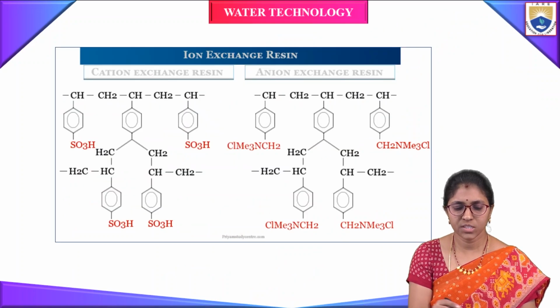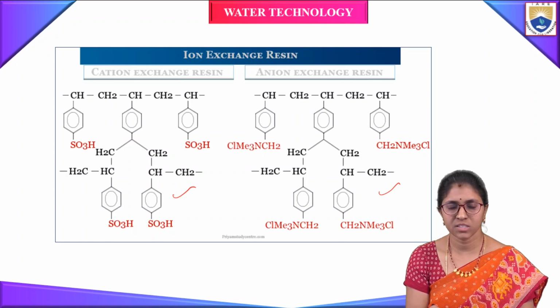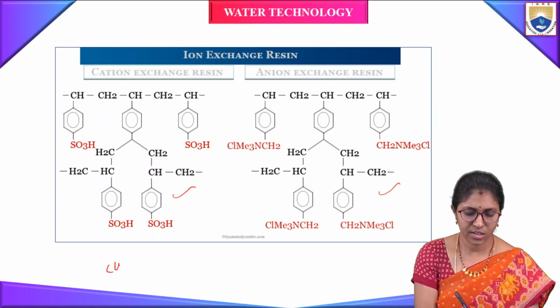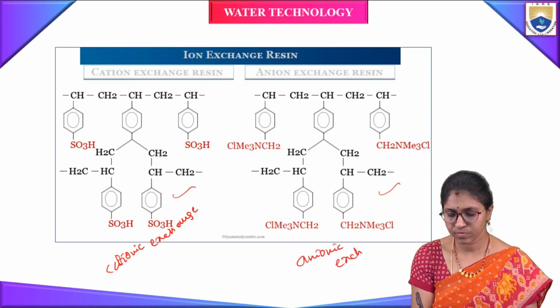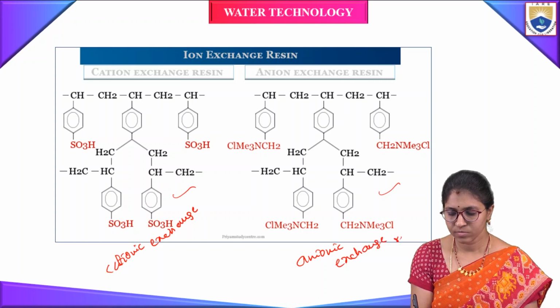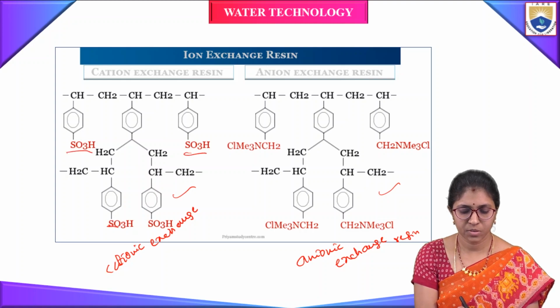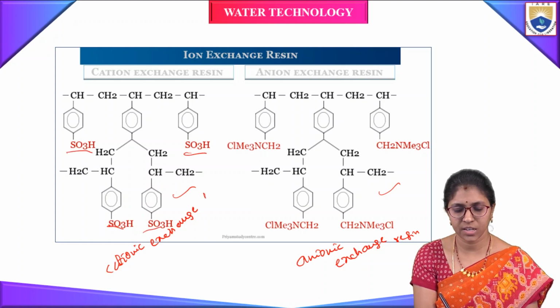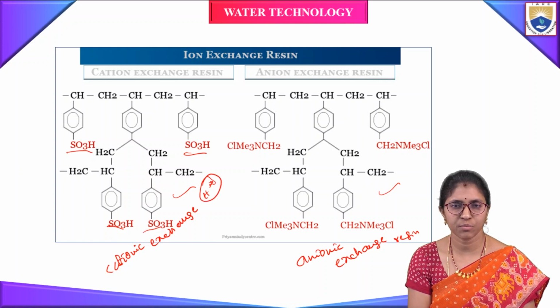These are the structures of cation and anion exchange resins. This is the cation exchange resin, and this is the anion exchange resin. The cation exchange resin has SO3H groups, meaning it has H+ ions, which are useful for the replacement of cations from the water.